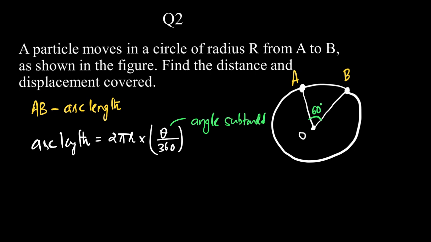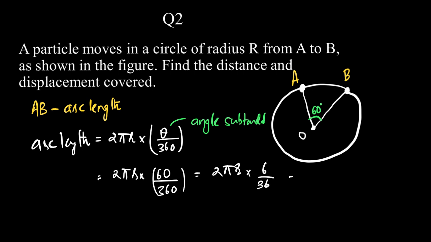In which case, what would be the arc length here? 2 pi r times 60 upon 360, right? Which means we get the value as 2 pi r times 6 by 36, which is 1 by 6, which is further pi r by 3, right?